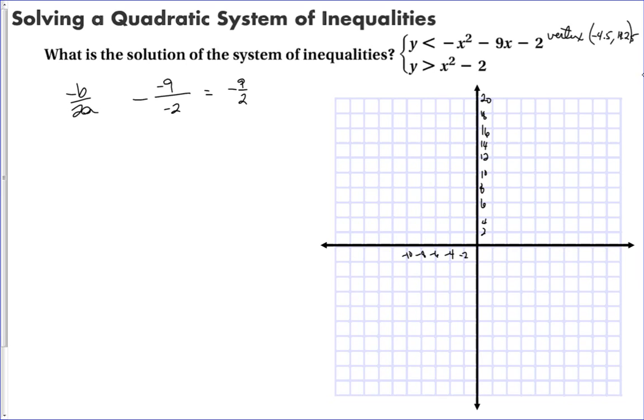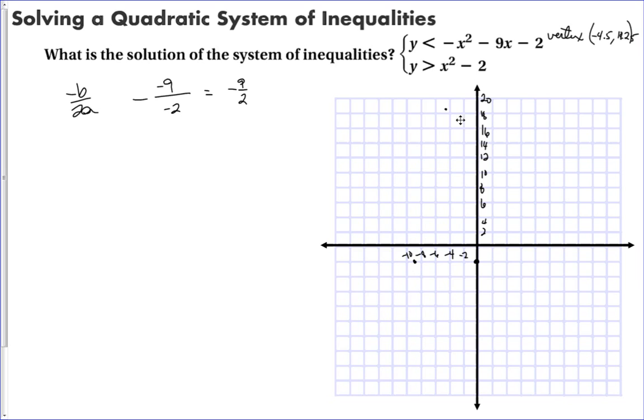All right, so let's plot our vertex. Negative 4.5, so negative 4, a little bit past it, 0.5, and then up to 18.25. So about right there. And of course we know here our y-intercept is negative 2, so it's going to cross right there. And of course we can mirror that over the axis. So right there.